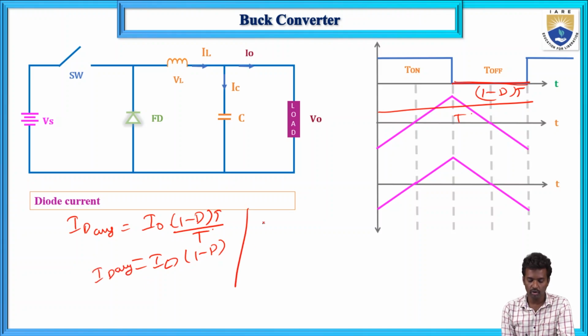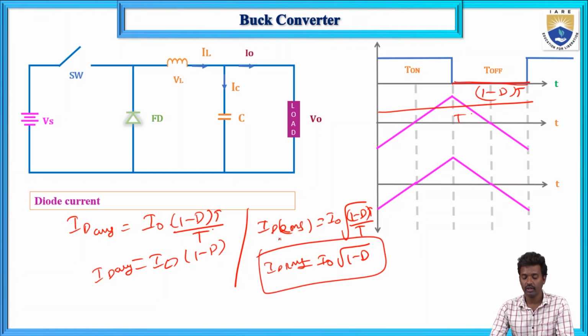Now what about ID RMS? RMS equals I naught square root of (1 minus D)T divided by T, that equals I naught square root of (1 minus D). So this is the diode current average value and RMS value for the buck converter.